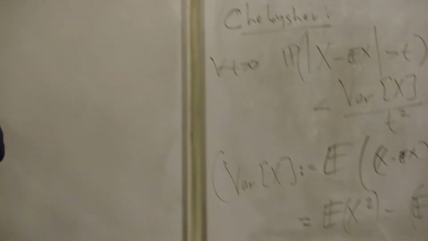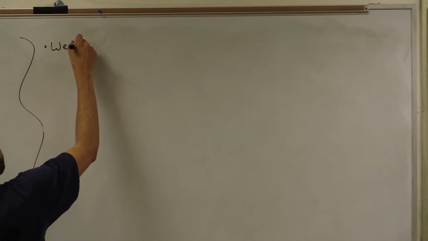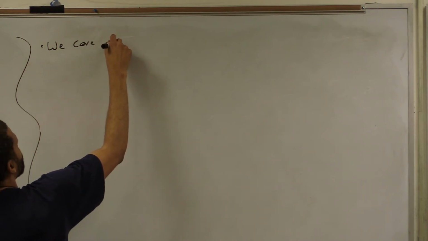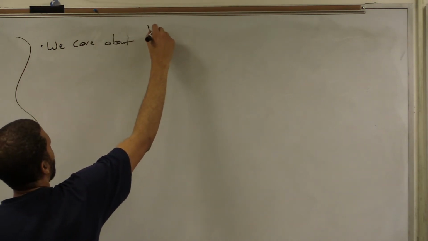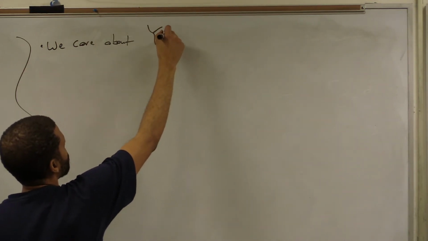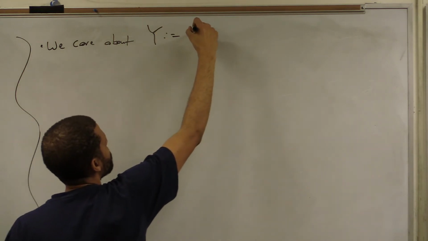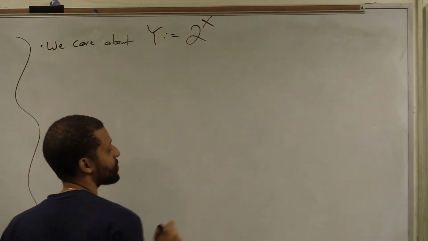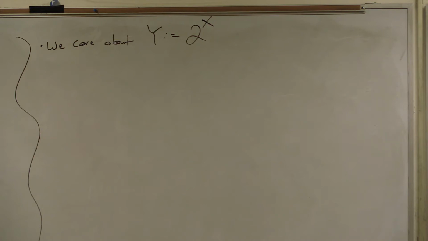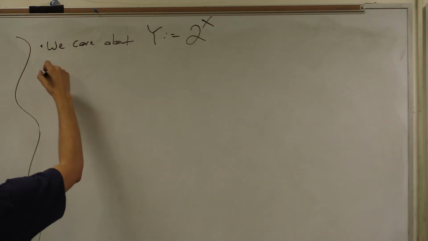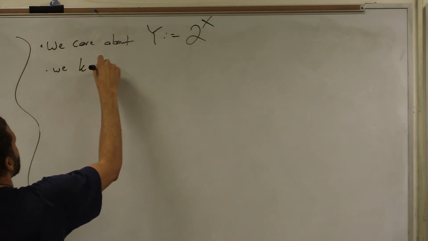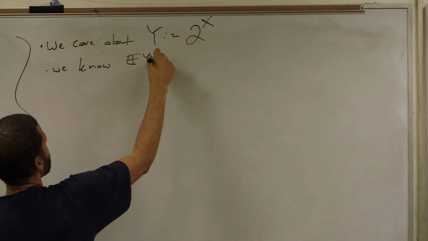I should be careful. This is not for us. Okay, so we care about, let me write it again, y, which is our estimator. We care about y actually being 2 to the x, right? Because that's what we're basing our answer on. We know that the expectation of y is something that's helpful for us.